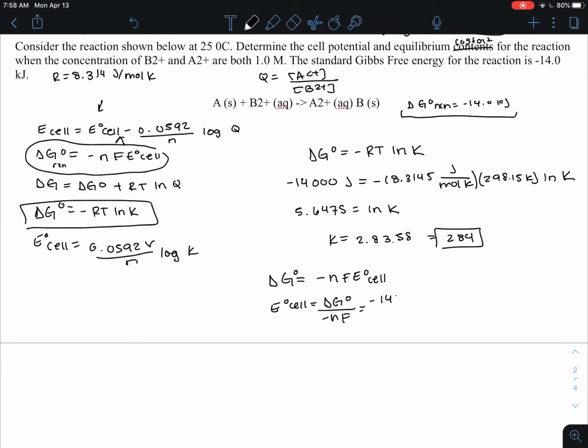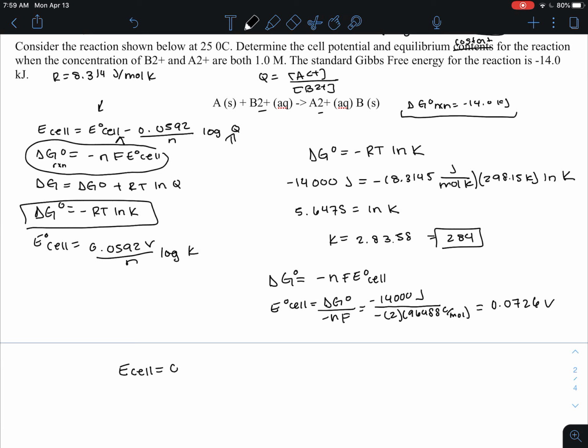Since Faraday's has coulombs in it, can be converted to a joule, that would be 14,000 joules divided by negative N. What would be N? I have 2 charge, so 2 electrons. Faraday's constant 96485 coulombs per mole. And that would be what? 14,000 divided by 2 times 96485, 0.0726 volts. Because it'd be joules per coulomb, which would just be a volt.